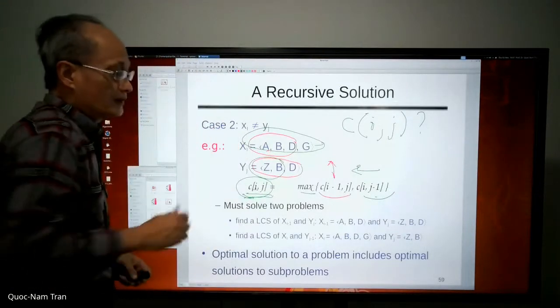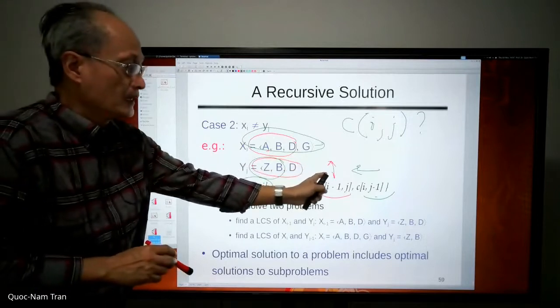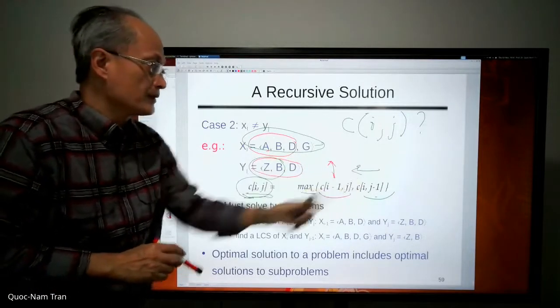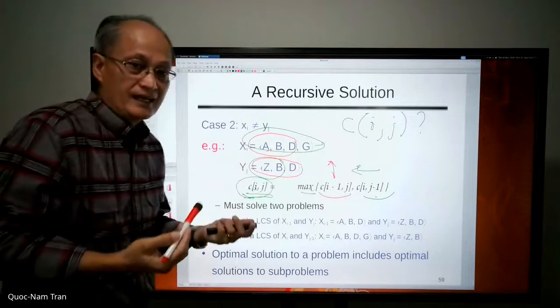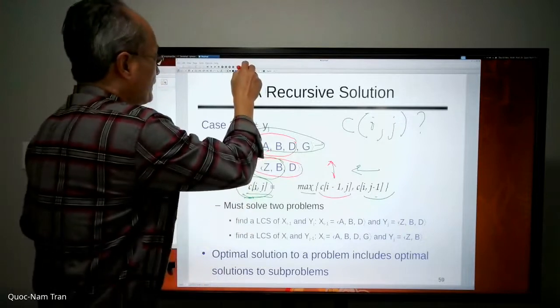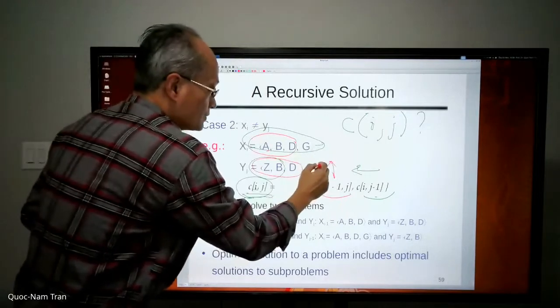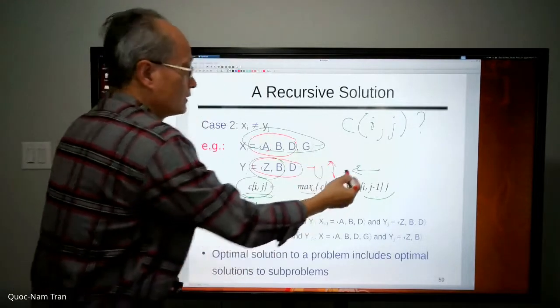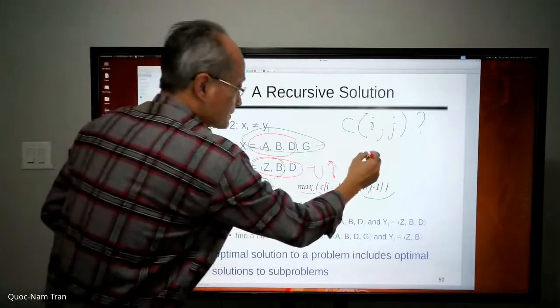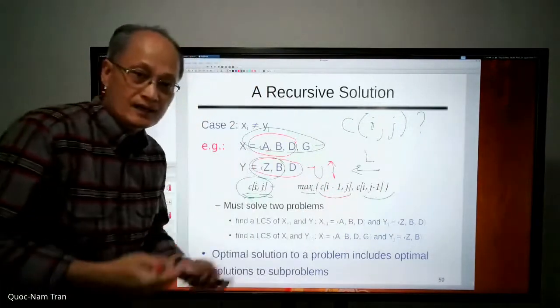So instead of using the upper arrow or left arrow, we can choose a letter for that. That is also fine. So instead of using the arrow, we can use the letter U, and for this one we can use the letter L.